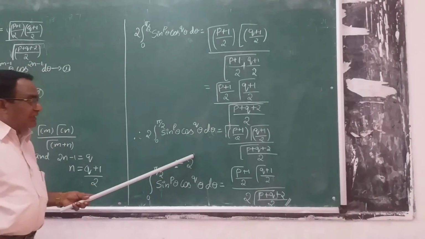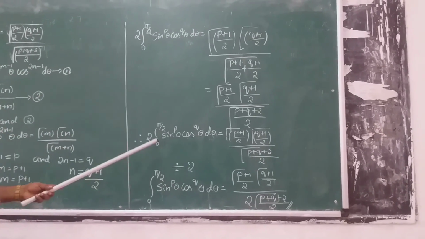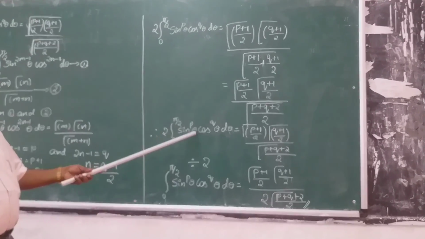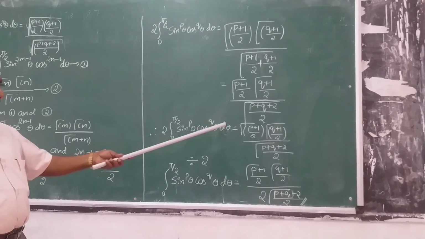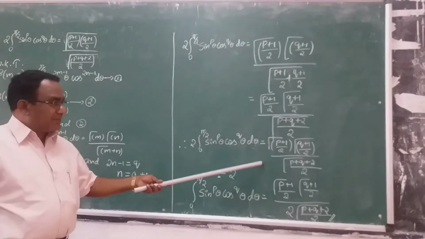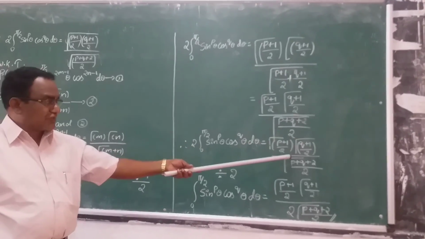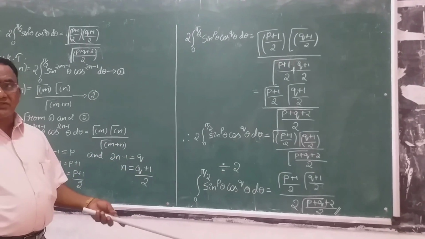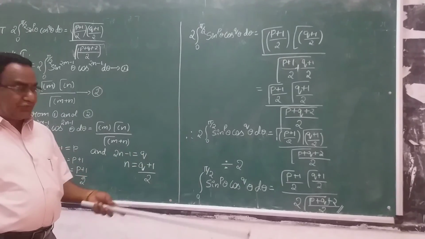And therefore, 2 times integral from 0 to pi by 2 of sin to the power p theta into cos to the power q theta d theta is equal to gamma of (p plus 1) by 2 into gamma of (q plus 1) by 2 divided by gamma of (p plus q plus 2) by 2.